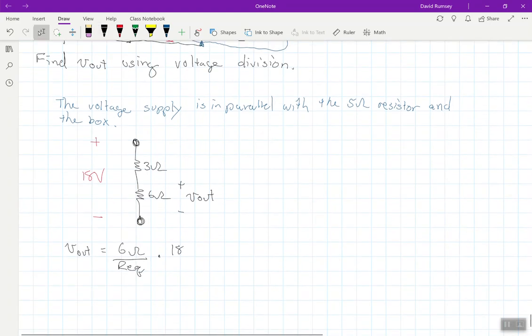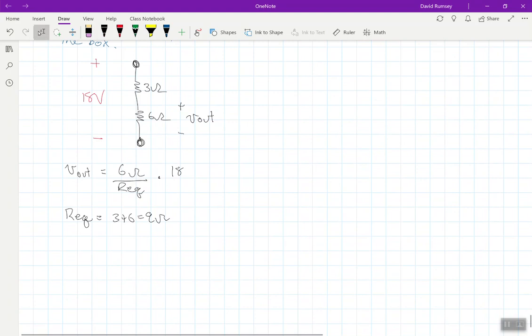And of course, R equivalent in this case is 3 plus 6, which is 9 ohms. So V out is 6 ohms divided by 9 ohms times 18, which gets us 12 volts.